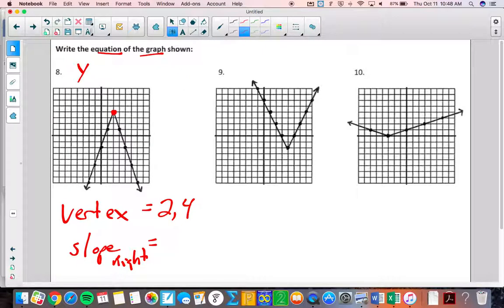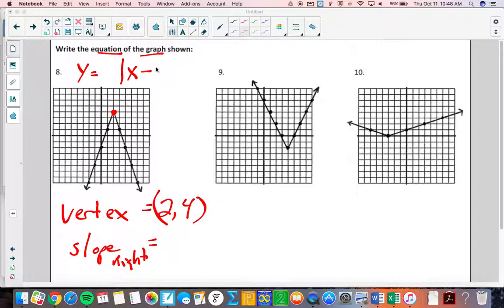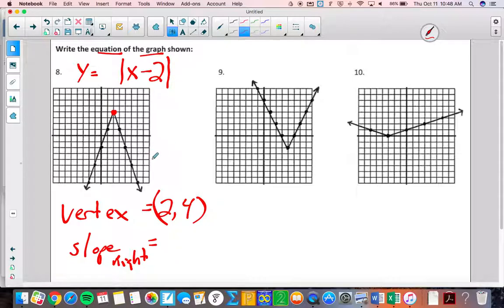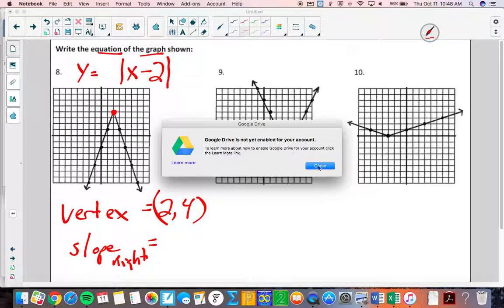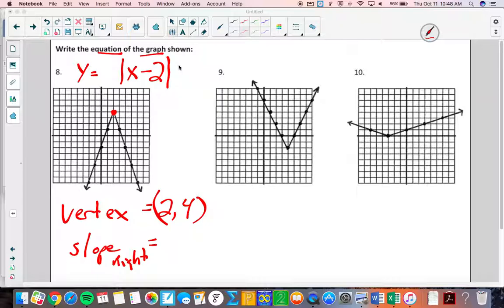So as we build our equation, and I'm going to leave some space right here, we always have in the absolute value x minus whatever the x value is. So the x value of the vertex is 2, so it's going to be x minus 2. And then outside of that, whatever the y value is, that's what's getting added outside the absolute value bracket.